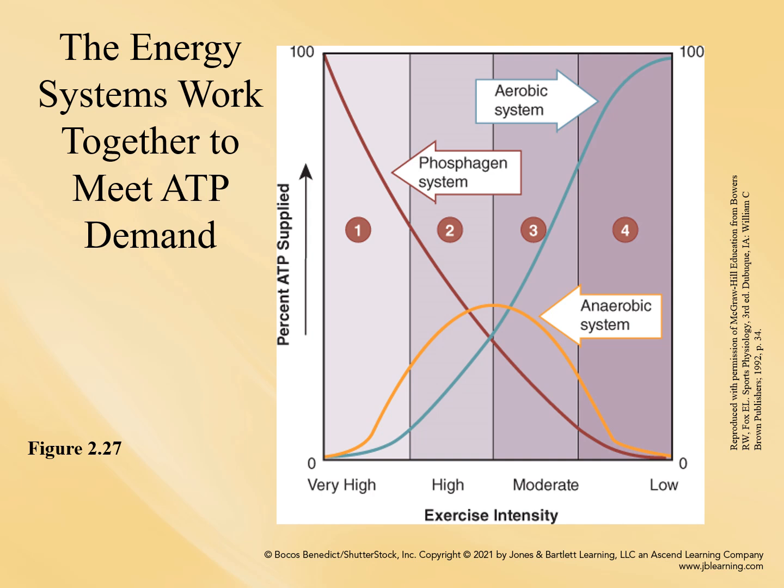We see the blue as the aerobic system and how it slowly rises and it becomes the big representer of ATP production for lower intensity, and for moderate to high, we have kind of an equal contribution from all three.